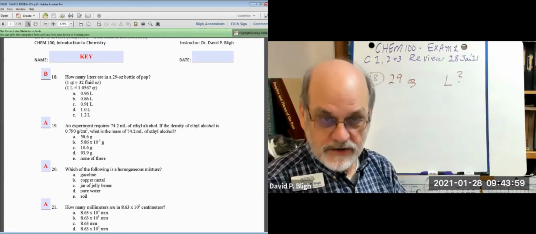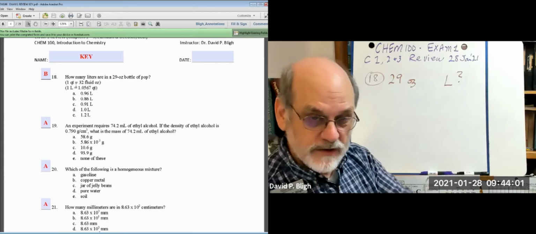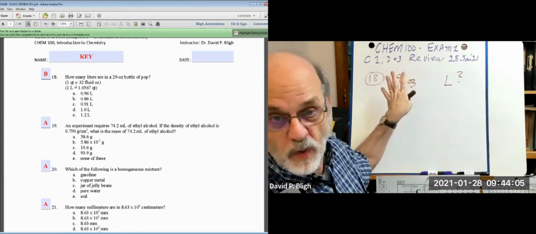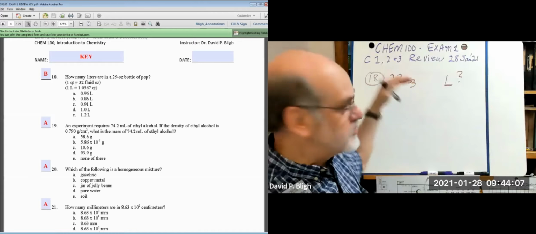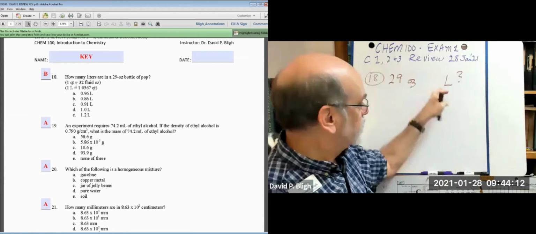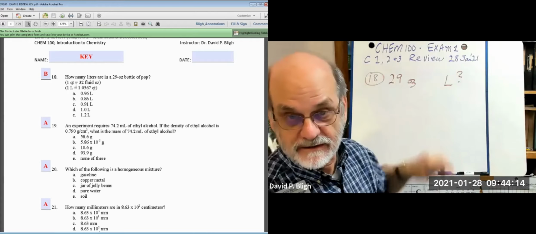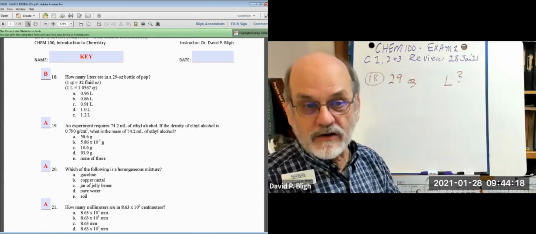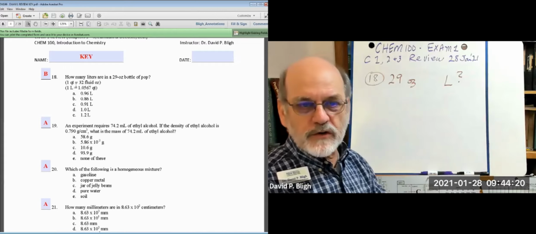So in order to determine if you know it, it's always a good idea to take the information that's given and slap it up on the board away from the problem so you can see the information that you have and the question that's being asked. Okay? Now, what else are we given? Well, we're given conversion factors. 1 quart equals 32 fluid ounces.